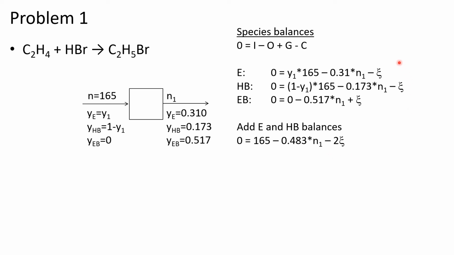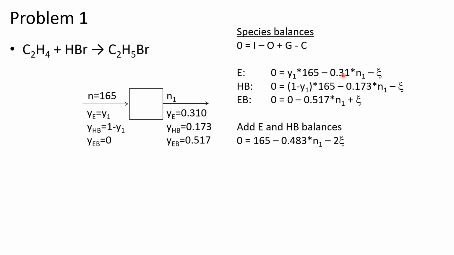I'm going to start over here on the far right and do this addition. We have a minus psi from the ethylene balance and a minus psi from the hydrogen bromide balance. If I add this to this, I get a minus 2 psi. Next, let's add the term that involves N1. We have a minus 0.31 times N1, and we're going to subtract 0.173 times N1. So we can add these two together.